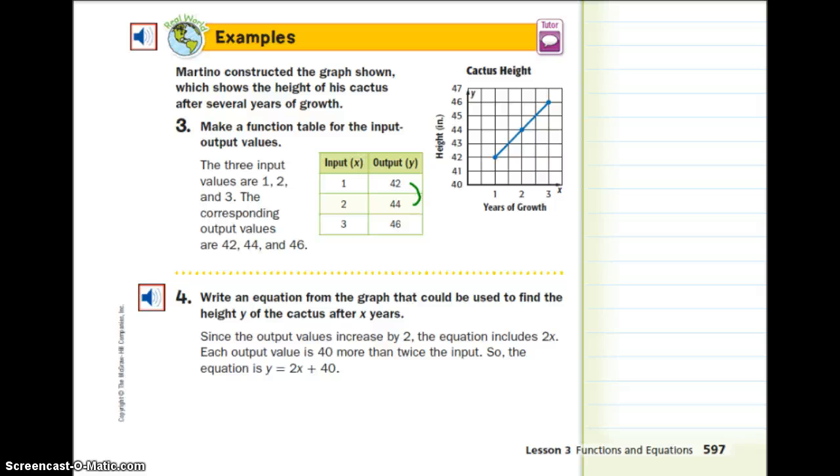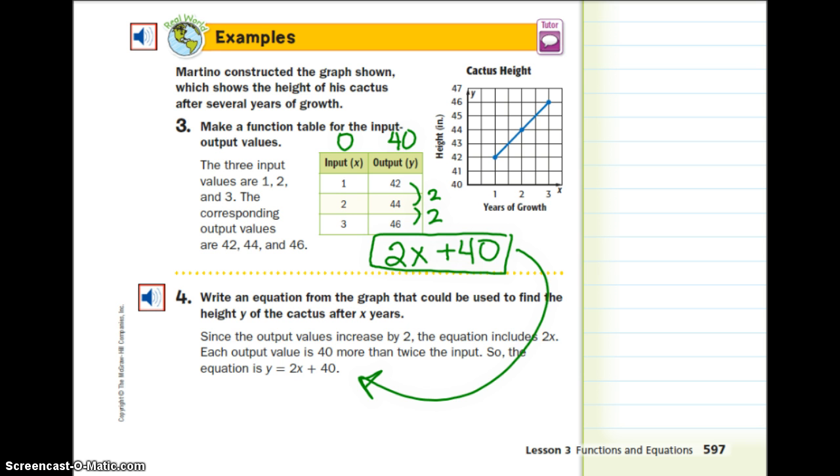So the first thing we have to do is look at the spacing. The spacing is 2, and remember I said spacing is the coefficient, so it's 2x. Then we have to set it equal to 0. So when x is 1, y is 42, I'm going to subtract 2, and that will start at 40. So that is my constant. So it's 2x plus 40.